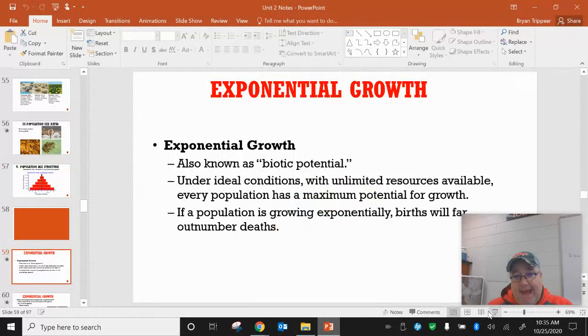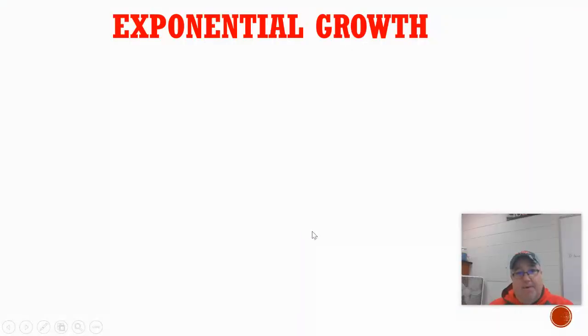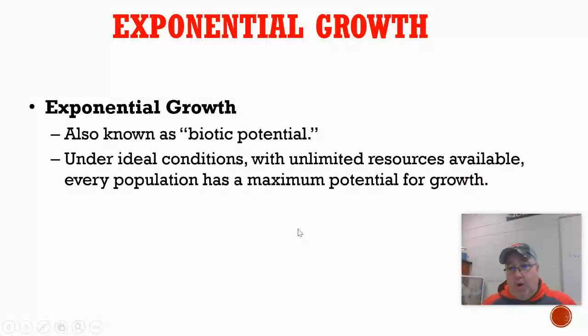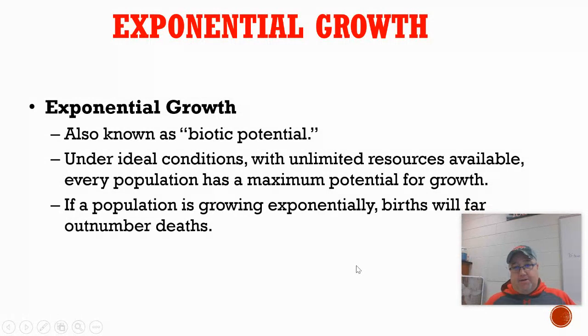Now today, and this is in your notes on slide number 58, I want to start off talking a little bit about something called exponential growth, otherwise known as biotic potential. Biotic potential or exponential growth occurs when conditions are ideal for a species.